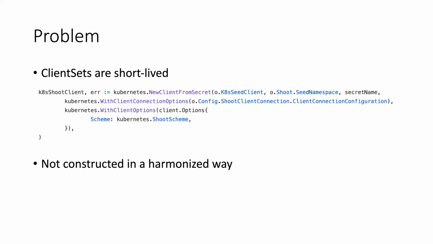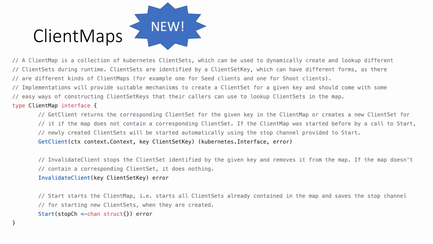Therefore, in my PR, I introduced a new concept of client maps. This is the new part. It is some form of a central registry for retrieving and storing client sets to Kubernetes clusters. It can store an arbitrary amount of client sets, and it can also store client sets for different types of clusters.